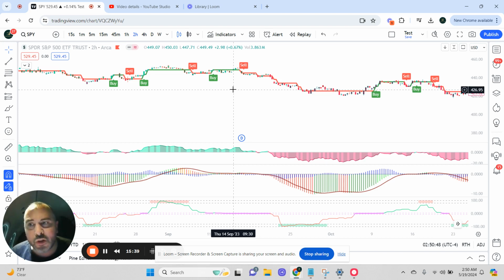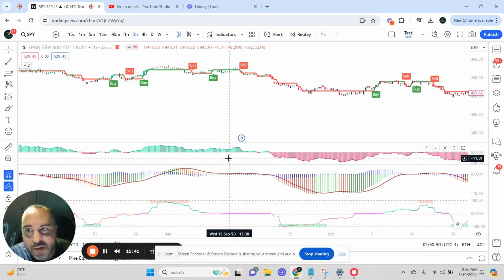Because again, the weakness is sideways. When you're trading the trend, you're looking for signals that say the market's going up or the market's going down. Either one of those is great. But the false signals are what kill us.